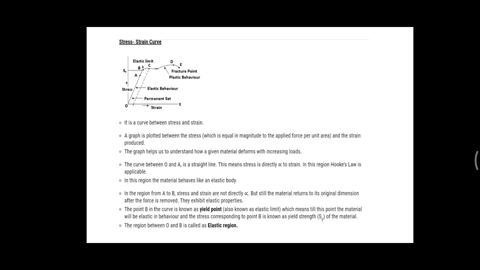That means the stress is directly proportional to strain. Stress is directly proportional to strain. That means in this region, that particular body or object is following, or obeying, Hooke's law.